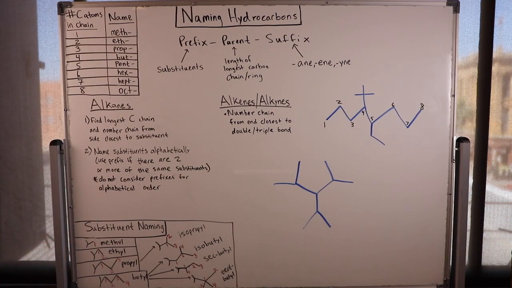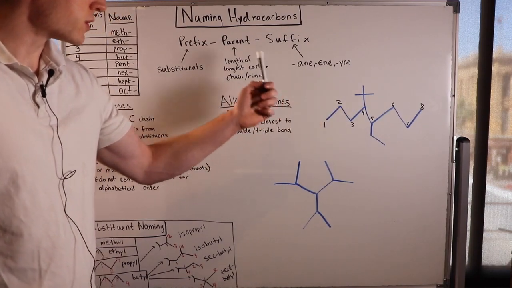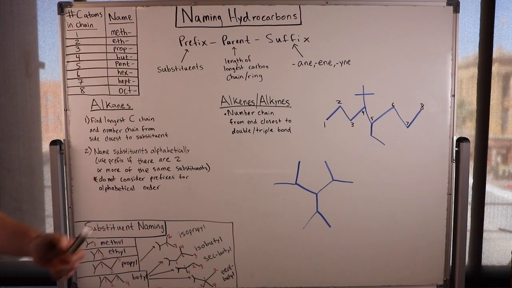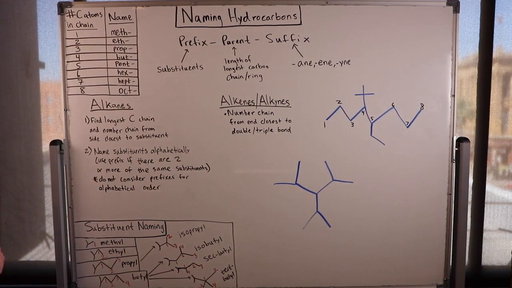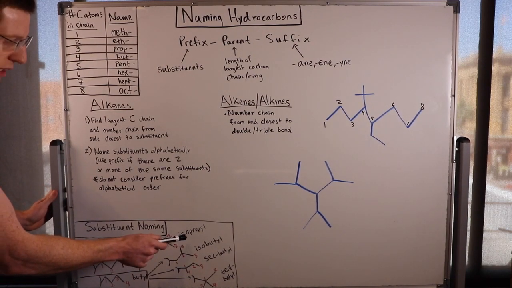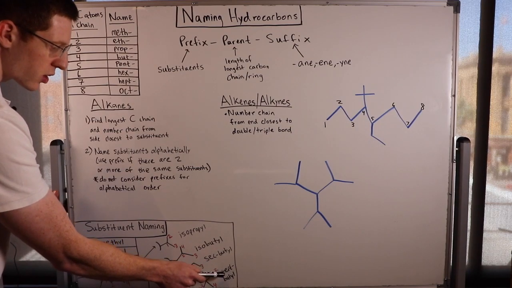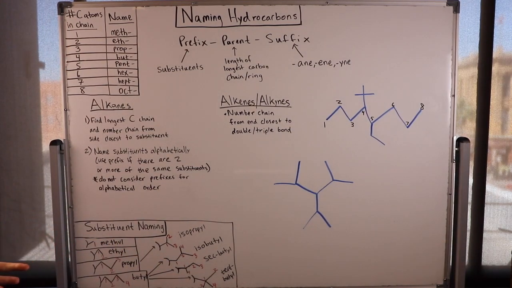So we need to denote, first of all, that this is an 8-carbon chain with the parent chain, but also that it's going to have a prefix. We have 2 substituents in this case, so we name them alphabetically. But the trick here is that if you have a prefix like iso, sec, or tert, you don't use those prefixes when you consider the alphabet.